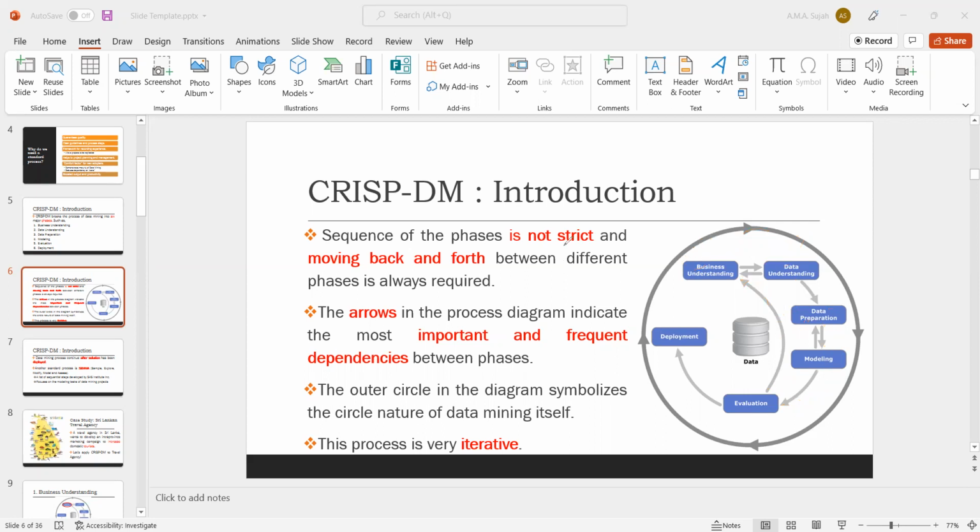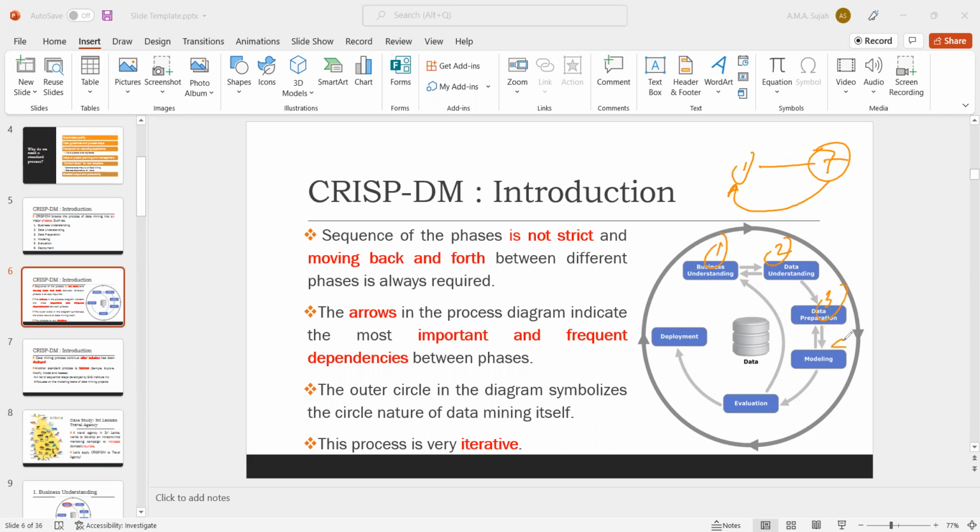The important thing is there are no strict rules. If you think about waterfall, it must go from phase 1 to 7. It will complete, and after that it will come back to the first phase. But it's not like that here. Here you can start with 1, 2, 3, the third phase.